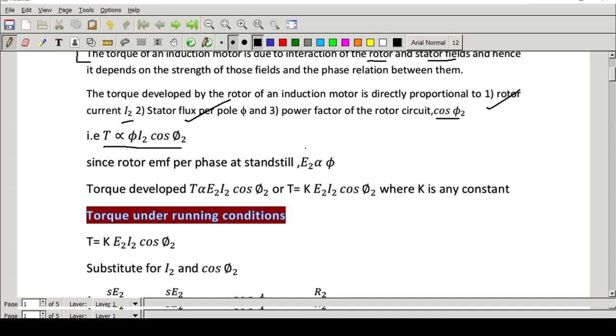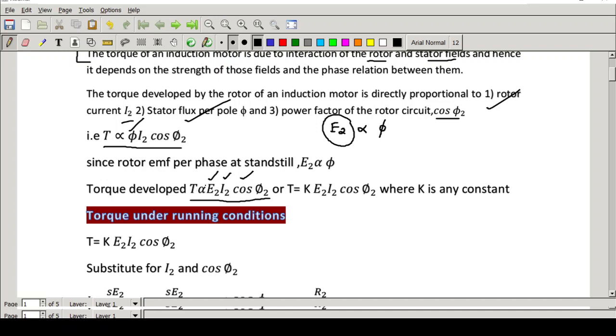Okay. Now, we know that the induced EMF E2 in the rotor conductors is proportional to the flux, right? So, we will replace the term flux, phi, by the term E2. We can rewrite the equation as T is proportional to E2 I2 cos phi 2, where E2 is the induced EMF in the rotor, I2 is the current in the rotor, and cos phi 2 is the power factor.